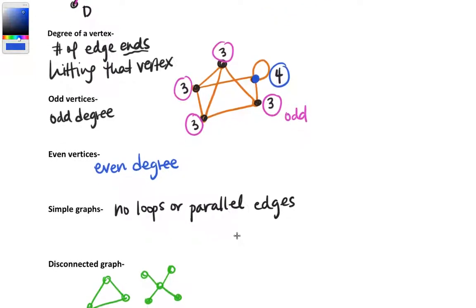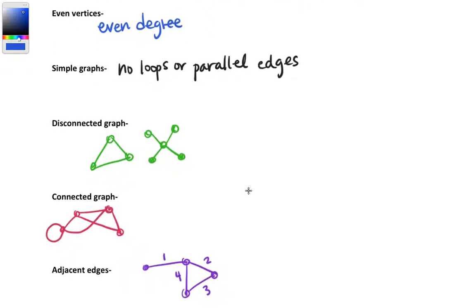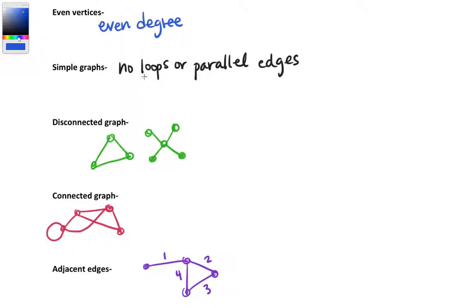A simple graph has no loops or parallel edges. By a loop, let's recall, we mean an edge that goes from one vertex back to itself, and parallel edges are edges that connect the same vertices.